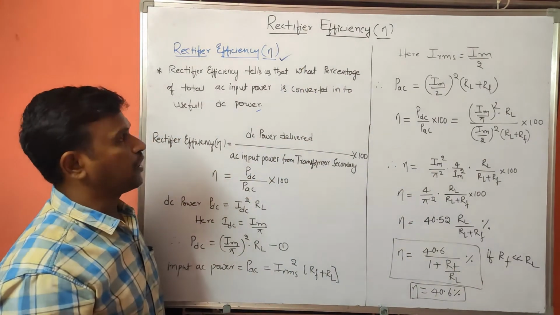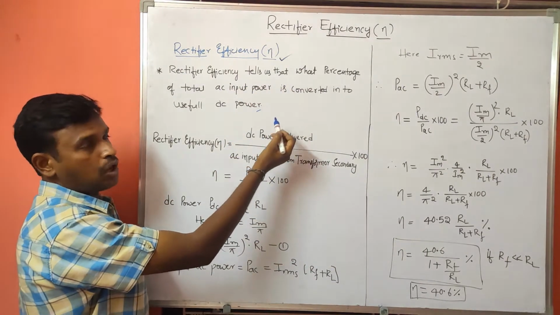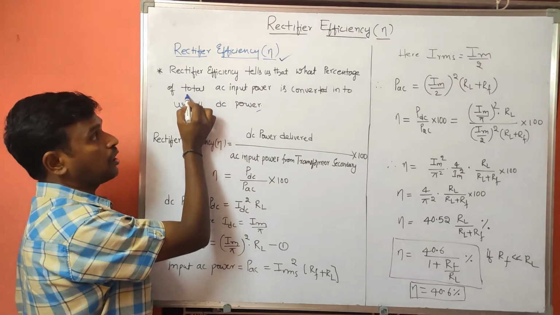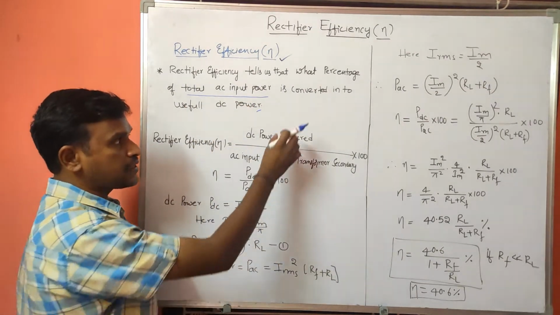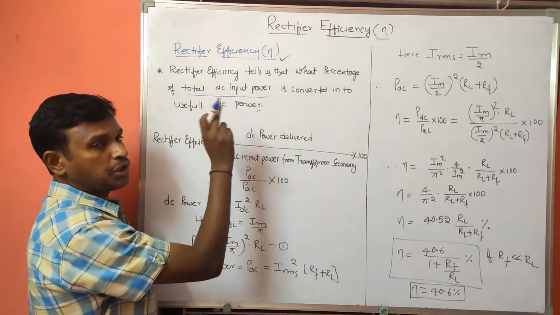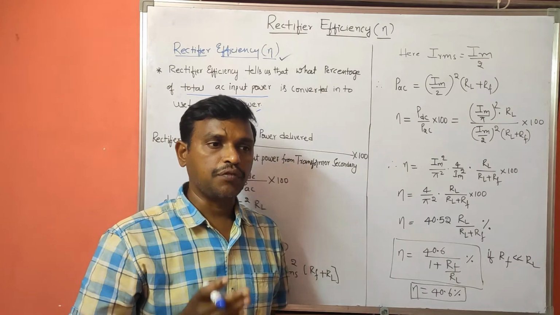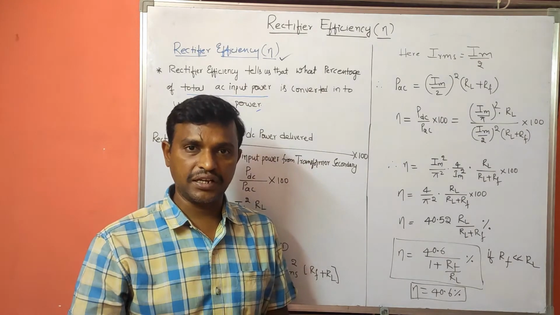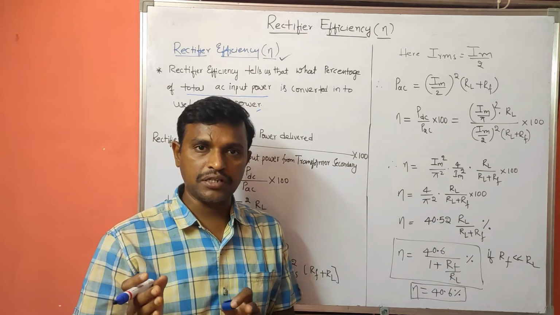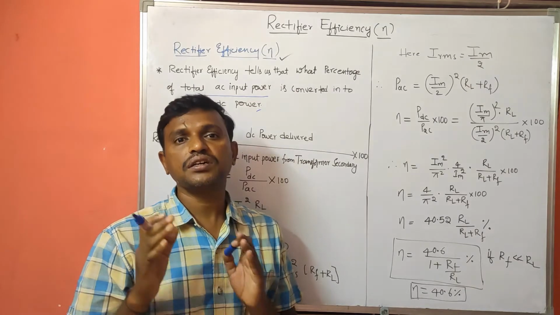So what is the rectifier efficiency? The rectifier efficiency tells us what percentage of the total input power, that is the total AC input power, is converted into useful DC power. A rectifier converts AC to pulsating DC, which means the output consists of some AC part and a DC value.